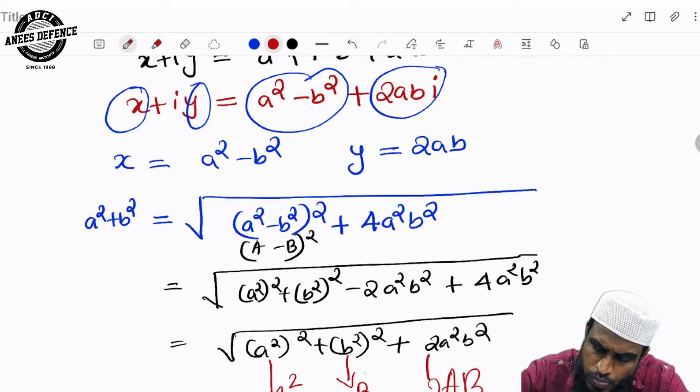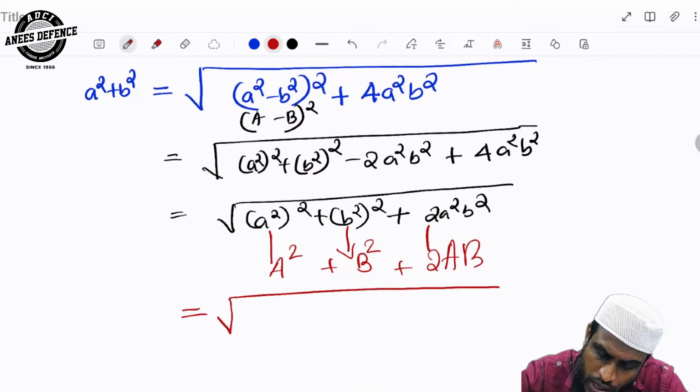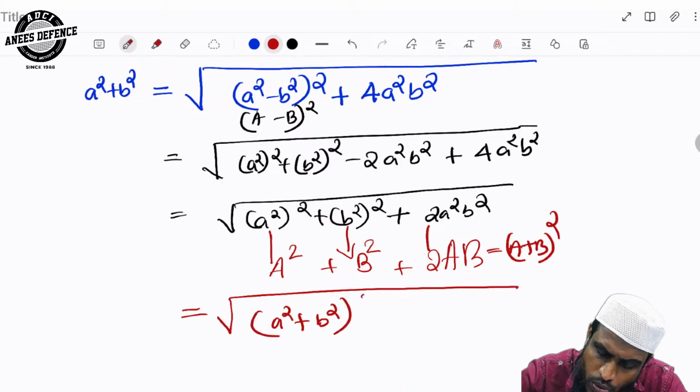So a square plus b square plus 2ab. You know the formula of a plus b the whole square. So under root, that can be represented as a plus b the whole square. What is a plus b? A is a square, b is b square.